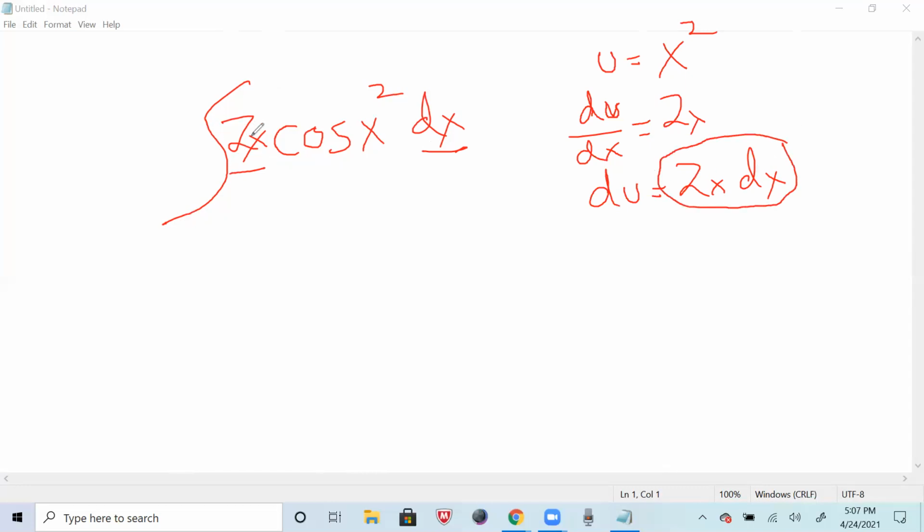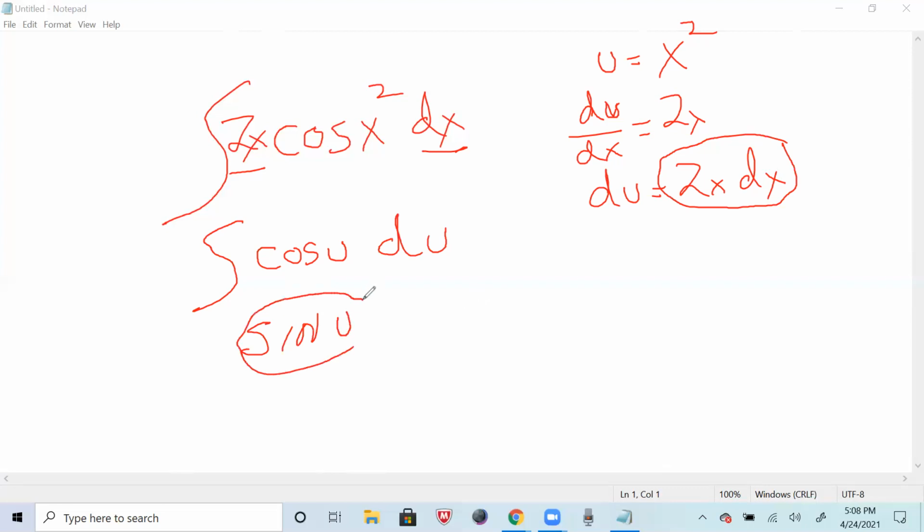So I'm going to take this 2x and this dx and put in du. So it's now going to be the cosine of u du. You see how I got to that step? Yep. Well, I can certainly integrate that. That's the sine of u. Which means the answer is the sine of x squared.